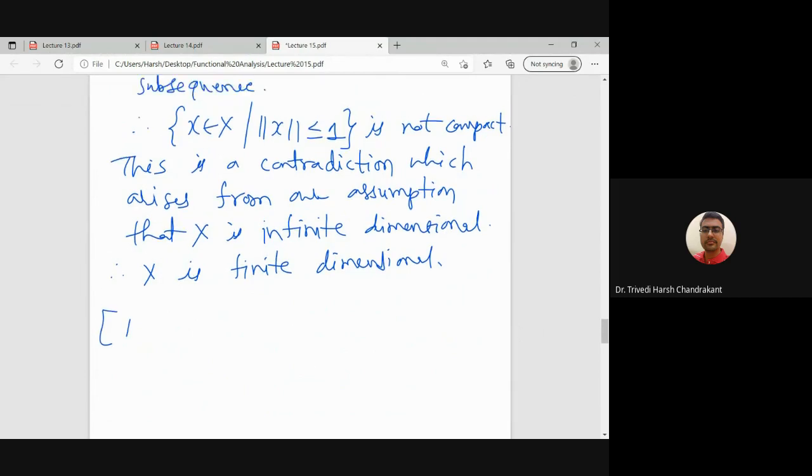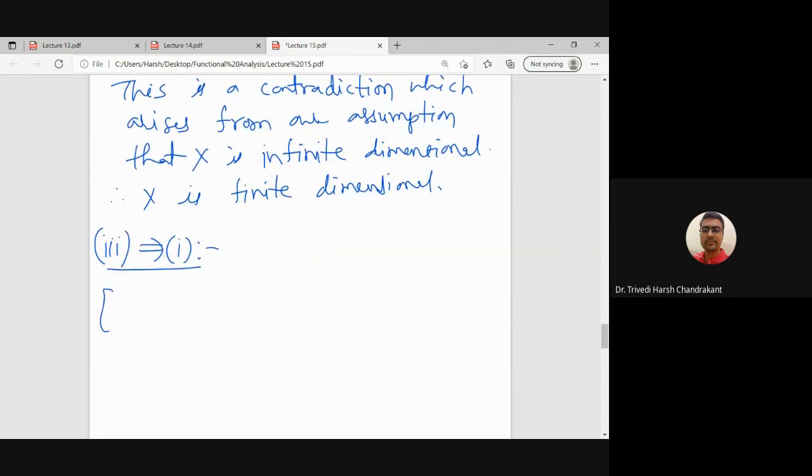So let us just recall the Bolzano-Weierstrass theorem, or property, that says that every bounded infinite sequence has a convergent subsequence.